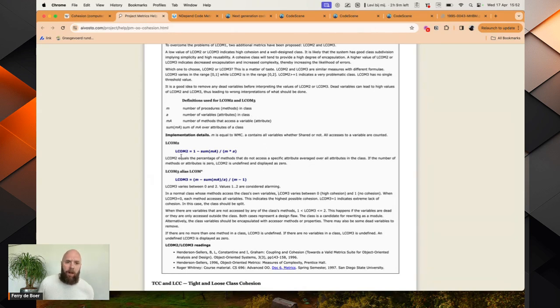Let's just stick to class for now for the explanation. LCOM 2 is between 0, which is totally cohesive, and 1, incohesive, i.e. lack of cohesion of methods. LCOM 3 is between 0 and 2, where 1 is no cohesion, and everything above 1 is basically problematic.